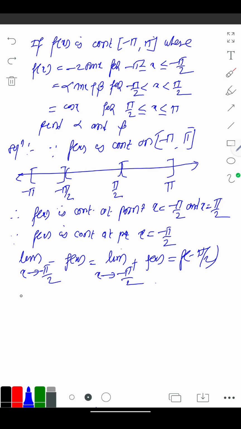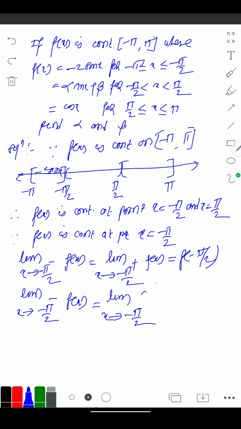Here the left hand limit is the limit as x tends to -π/2 from the left of f(x), which equals the limit as x tends to -π/2 of f(x). From the figure, from -π to -π/2 the function is -2 sin x.